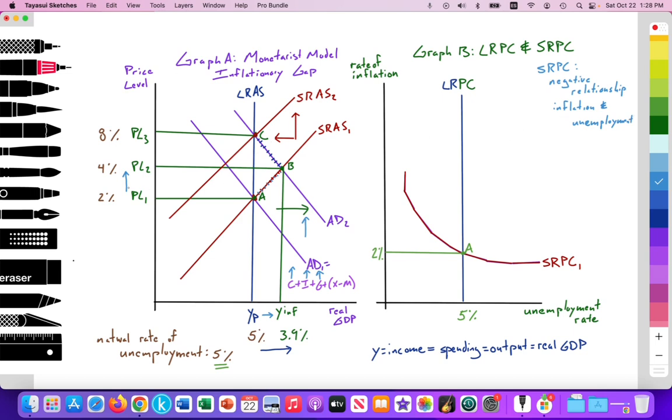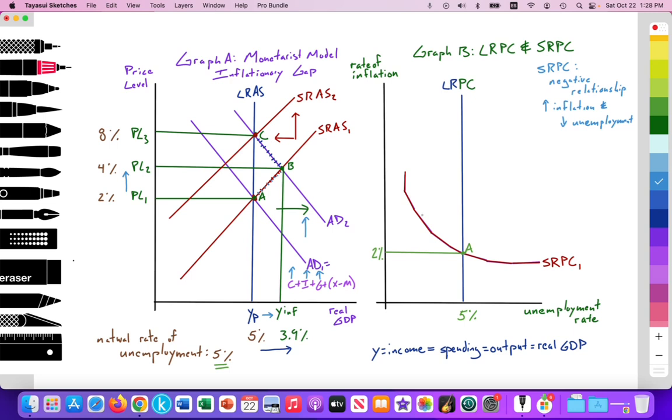So here we can see, if we're getting more inflation due to demand pull inflation, that increased aggregate demand is incentivizing firms to employ more resources like labor, so we would expect unemployment to fall. So if inflation is rising, unemployment should be decreasing.